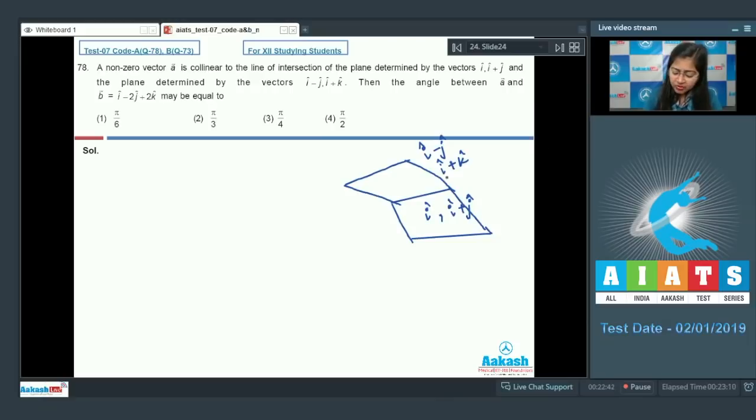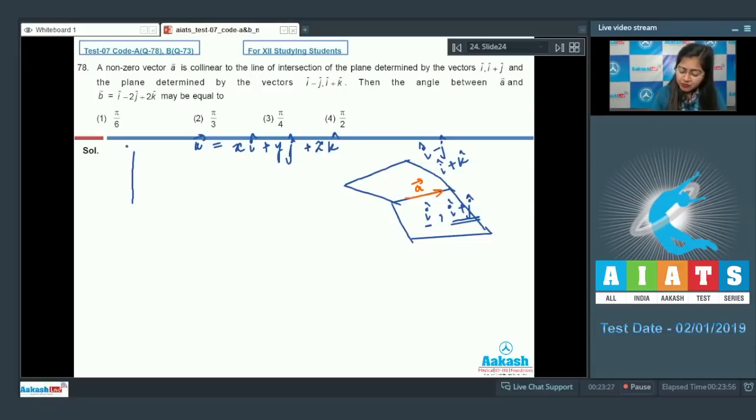Now, a non-zero vector A is collinear to the line of intersection of the planes, so we can say that A vector is somewhere here, right? So we can say that the vectors A, i cap and i cap plus j cap are coplanar. So for three coplanar vectors, let us say A vector is equal to x i cap plus y j cap plus z k cap.